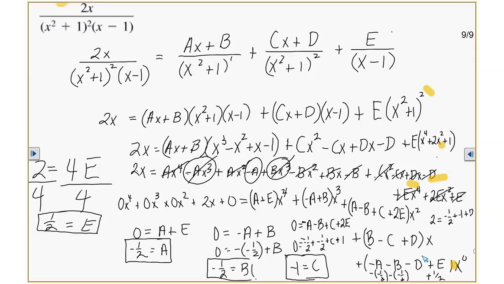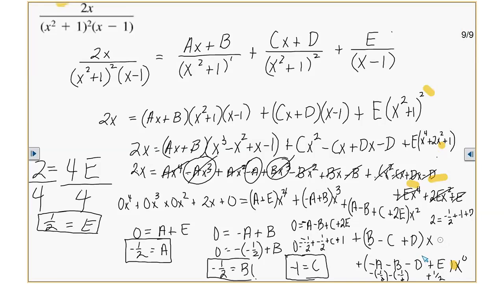We're on D, so we're just on H. So there's positive, negative C, positive D, X. So that's negative 1/2, positive 1, positive 1. Let's see if that works.